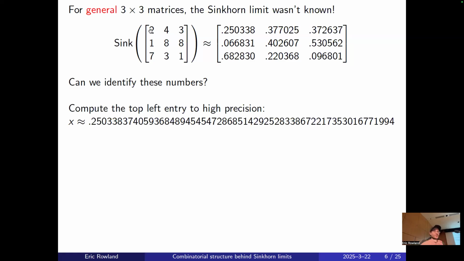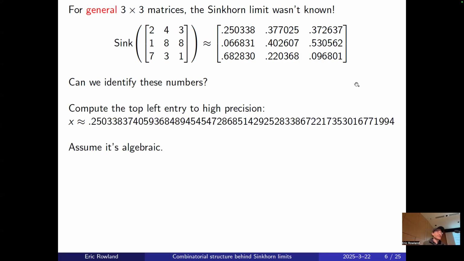So treat this as 2.000, 100 zeros after the decimal point, and then start scaling the rows and columns. You'll lose a little bit of precision, but you can still compute arbitrarily. If you take more precision in the input, you'll get more precision in the output when you scale. And then you just scale until you get a fixed point up to 50 digits or however many digits you want. So you can compute one of these entries to very high precision.